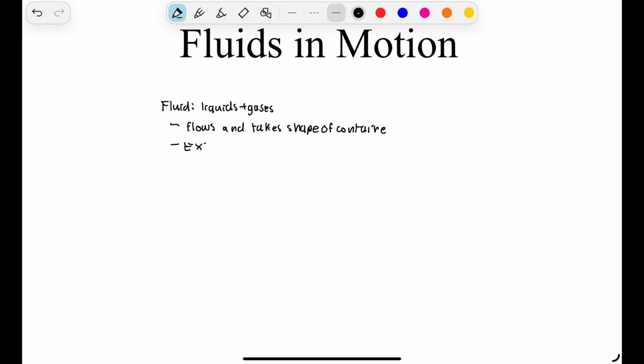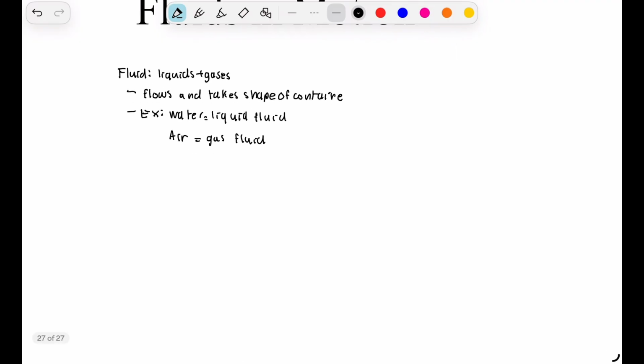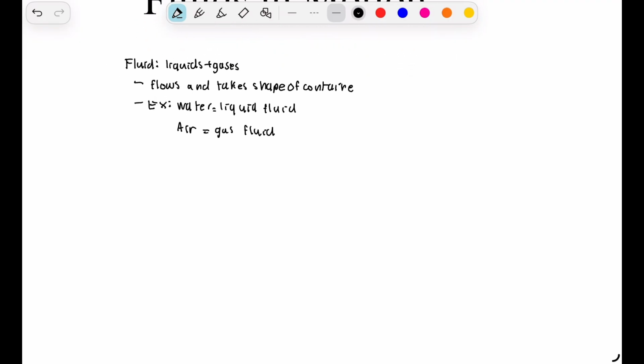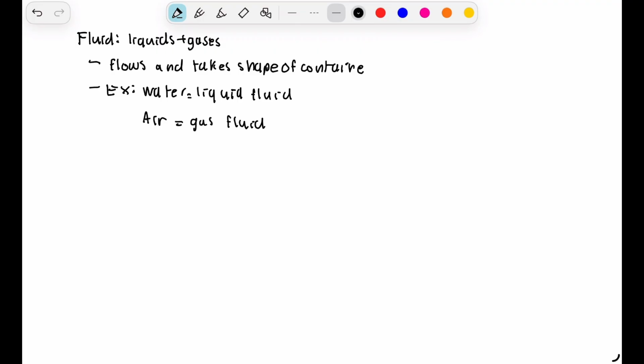So for example, water is your classic liquid fluid, and also air is your classic gas fluid. So air behaves like a fluid, and that's why Bernoulli's principle is going to allow airplanes to lift.